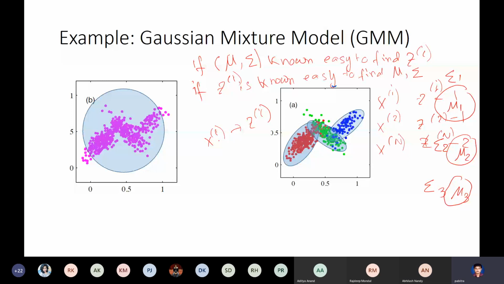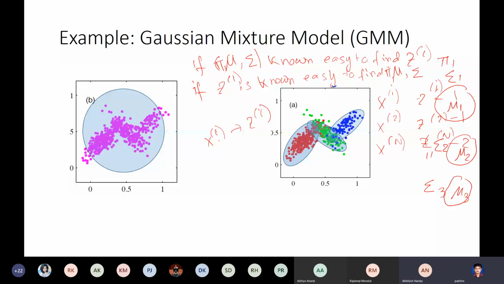So how do you estimate pi 1? Out of total n points, you find how many belong to 1, how many belong to 2. That ratio would be pi 1, pi 2, pi 3. You have capital N points, you know what ratio is in component 1, what ratio is in component 2. That gives me the estimate of pi.